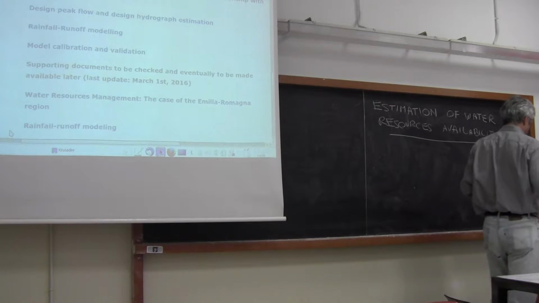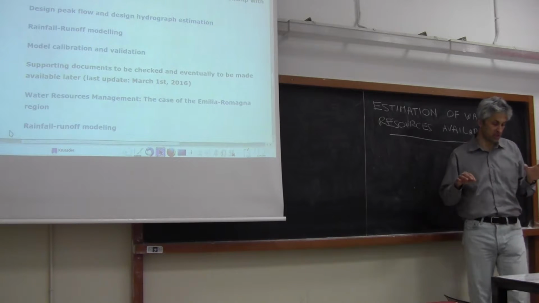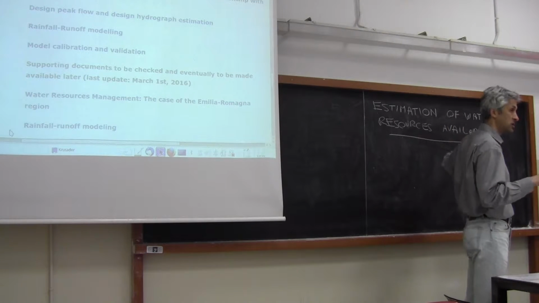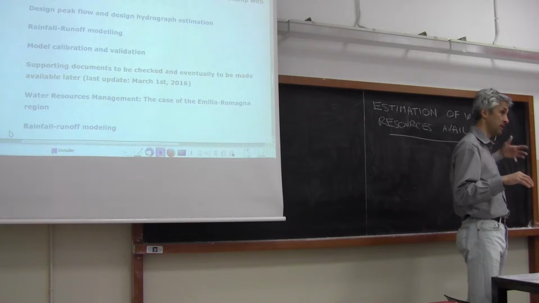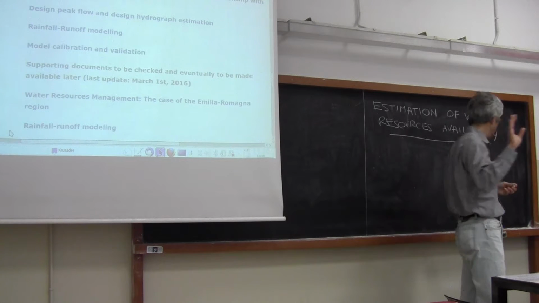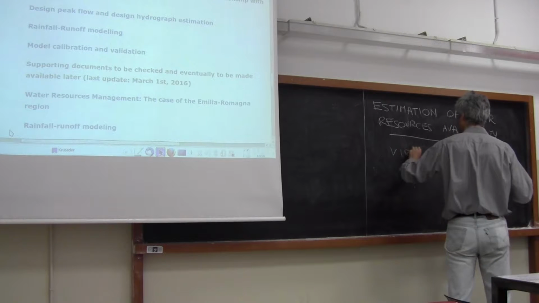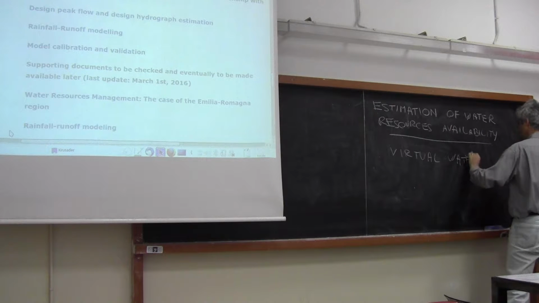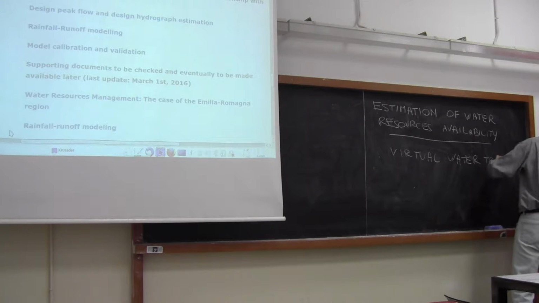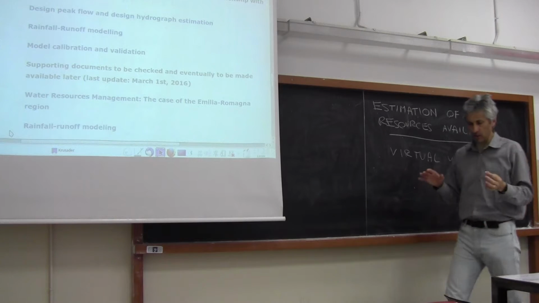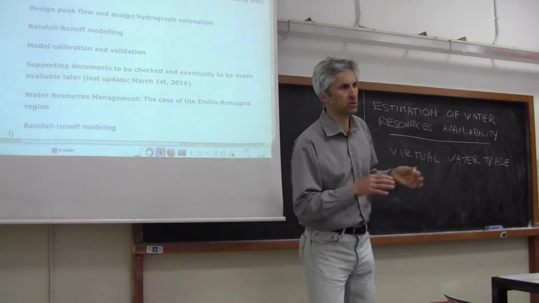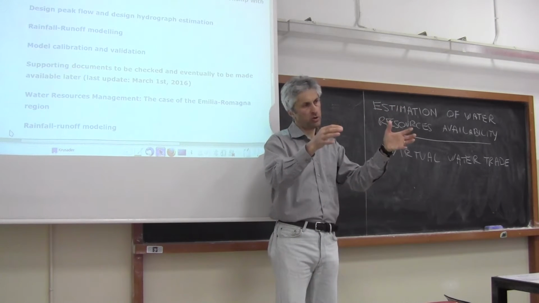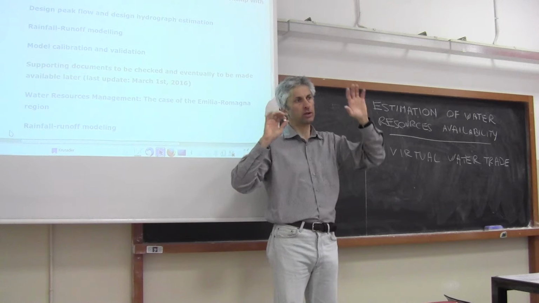And also, today there is an increasing evolution of society which makes devising strategies more complicated than in the past. I want to bring you an example, which is the virtual water trade. Basically, we are used to consider that water cannot be easily transferred. So if you have a water deficit in a region of the world, and you have plenty of water in other regions, for instance, look at the north of Europe.